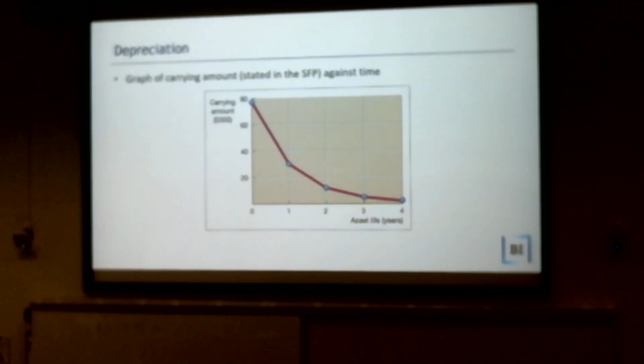What happens in the income statement? You minus 78,000, like how much you bought it for, and plus 2,000. No, I'm just talking about really year 4. What happens in the income statement in year 4 when this machine is sold? Just this transaction. The machine is sold for 2,000 after 4 years of use.